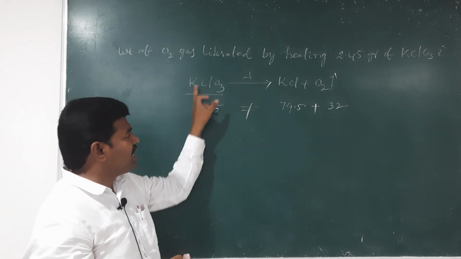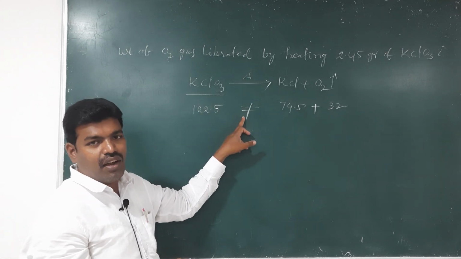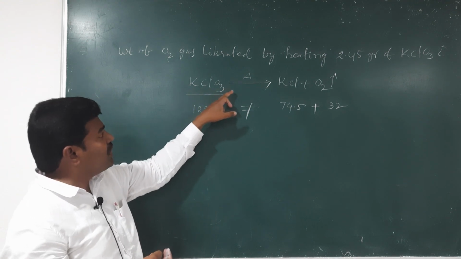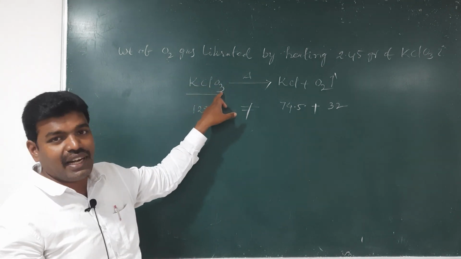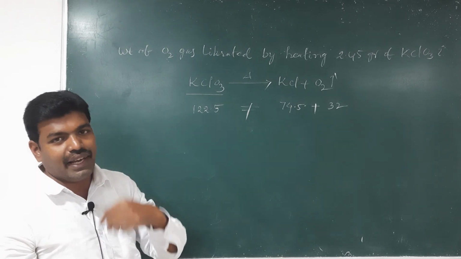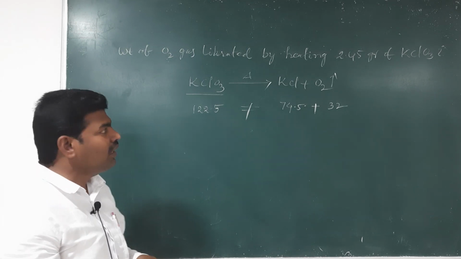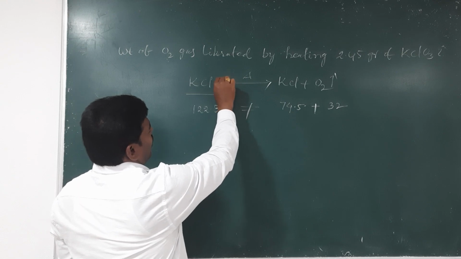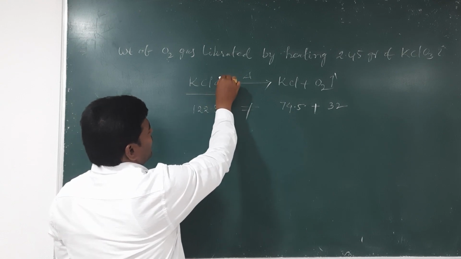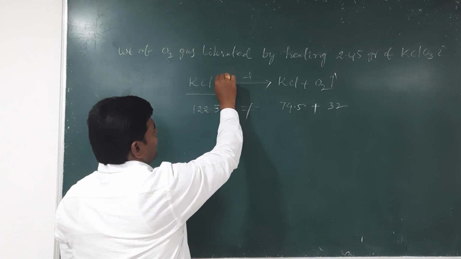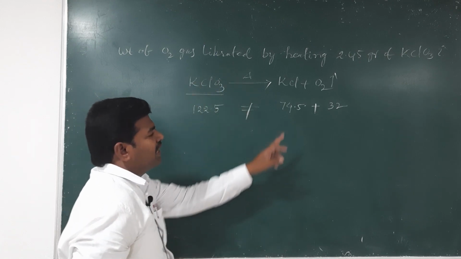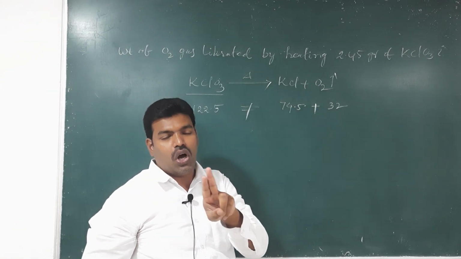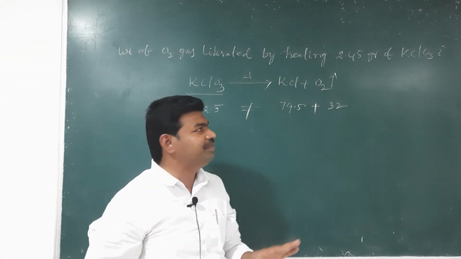This reaction does not obey the law of conservation of mass, and if you observe this chemical reaction with your naked eye, the number of oxygens on the reactants side is 3, but the number of oxygens on the product side is 2. So oxygens are not balanced.